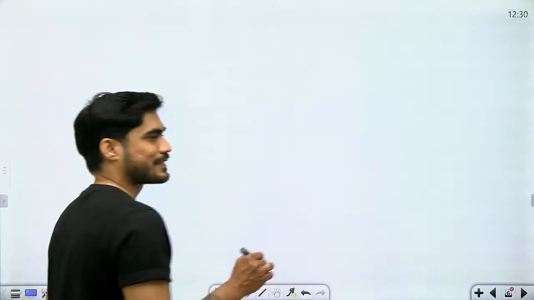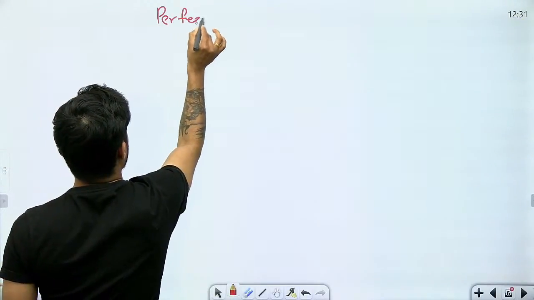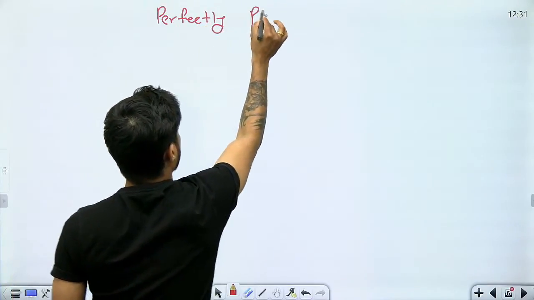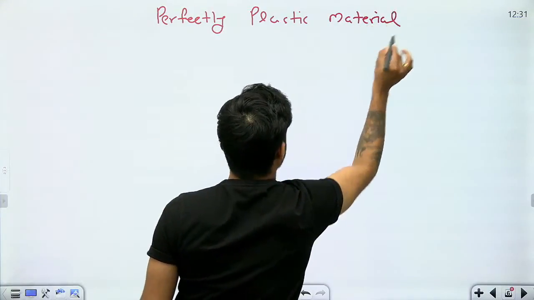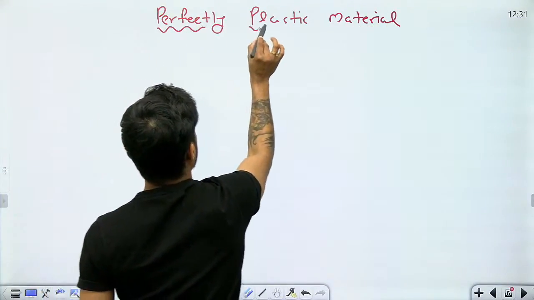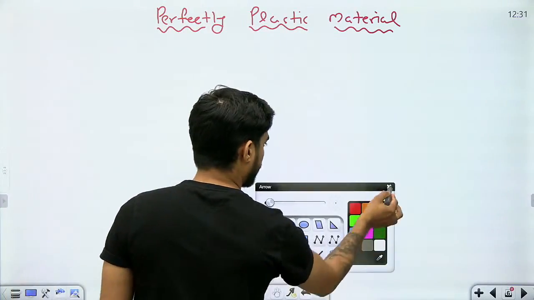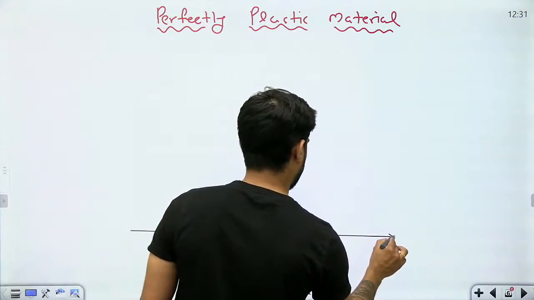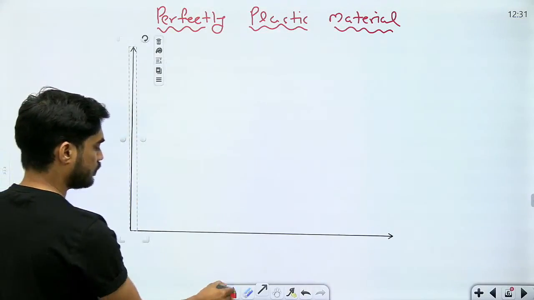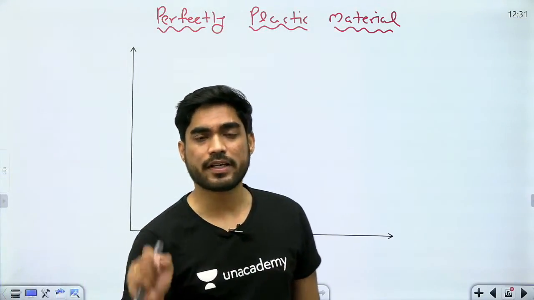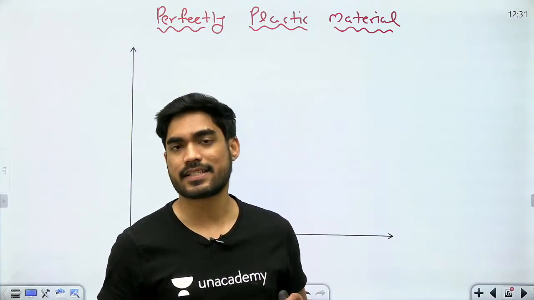Now let's draw the stress strain diagram of a perfectly plastic or rigid plastic material. परफेक्टली प्लास्टिक होने का मतलब क्या होता है? Understand, during the plastic deformation there is no increase in stress, almost constant stress, and there is increase in strain.